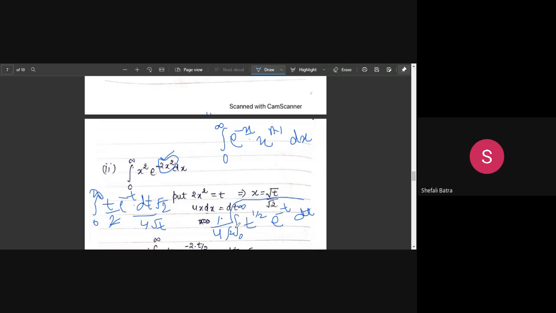Now tell me the value of this integral. Is it the gamma function? e raised to power minus t, t power half dt. e raised to power minus x power something. So tell me what will be the value of this integral in terms of gamma. Integral 0 to infinity e raised to power minus t, t power half into dt.